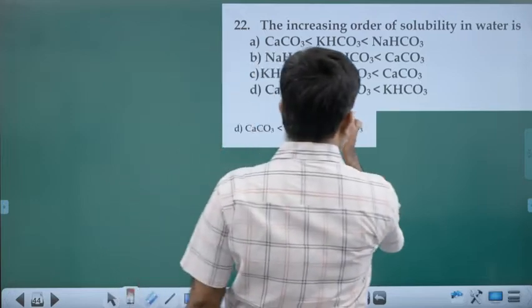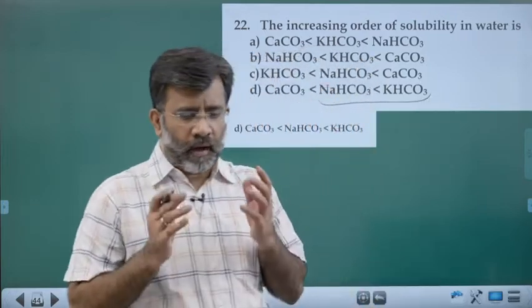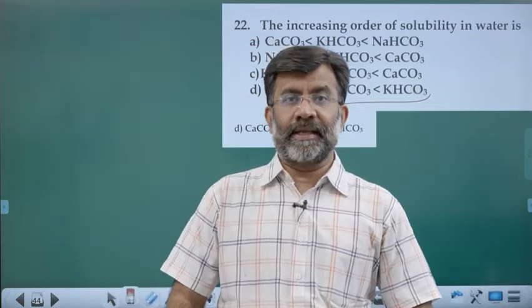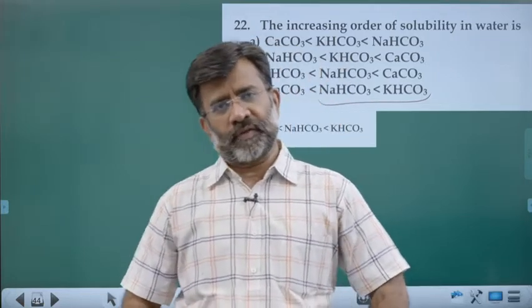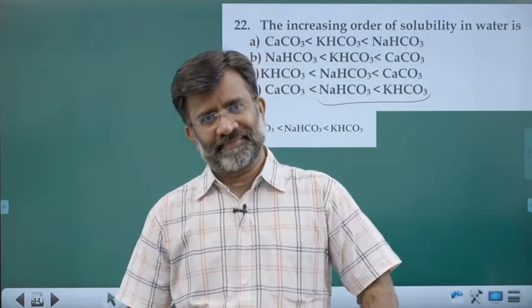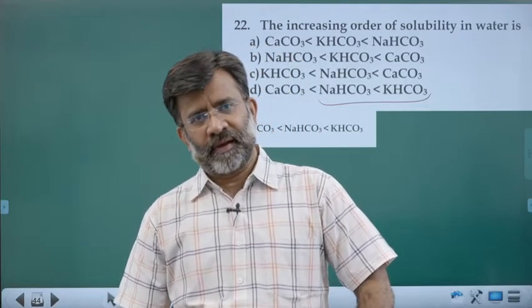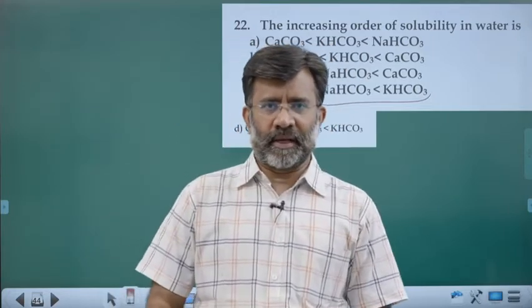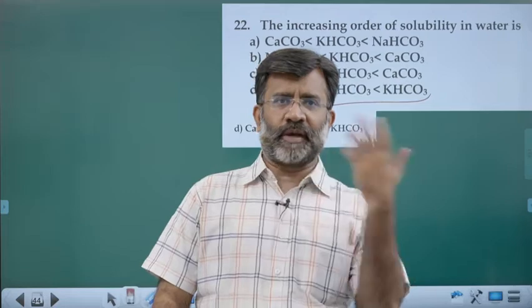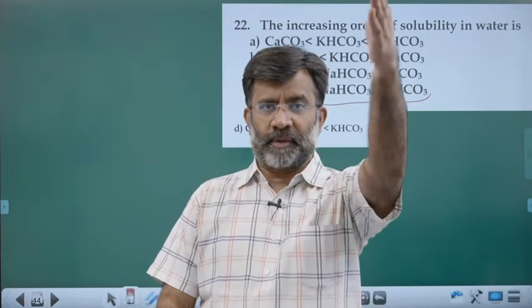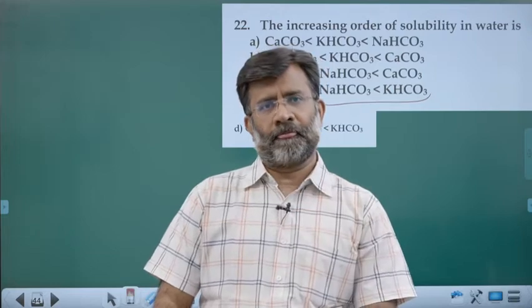Probably this is the reason why you are not able to produce potassium carbonate in the Solvay process. In the Solvay process, we are producing washing soda, sodium carbonate. How is it produced? Ammonia reacting with carbon dioxide, you get ammonium carbonate, then ammonium bicarbonate. Treating with NaCl, you get sodium bicarbonate precipitating out.